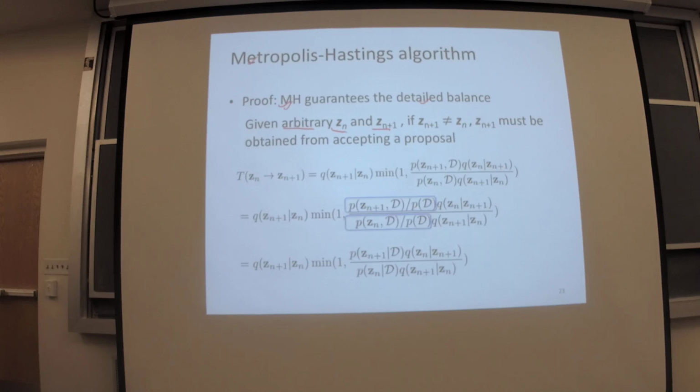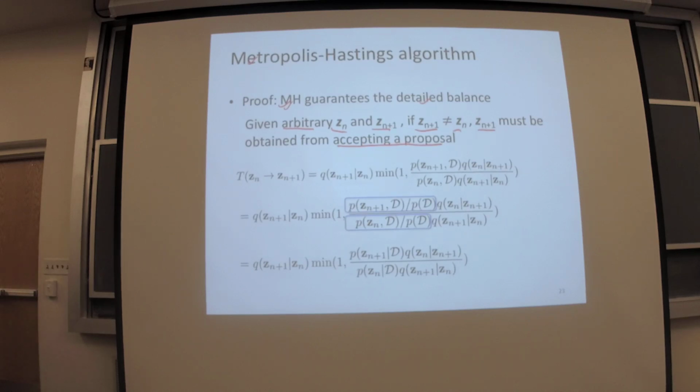We consider two cases. First, Zn plus 1 is not equal to Zn. What does that mean? Yeah, that means Zn plus 1 must be a new sample, right? It must be generated from your proposal distribution and then be accepted, right? So let us first consider this case. Zn plus 1 must be obtained from accepting some proposal, and then let us calculate the transition probability.